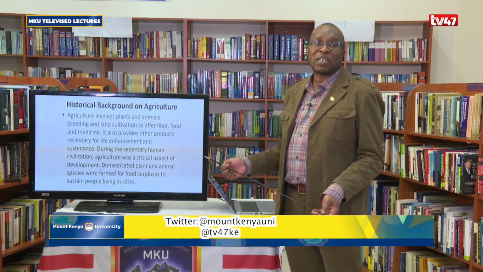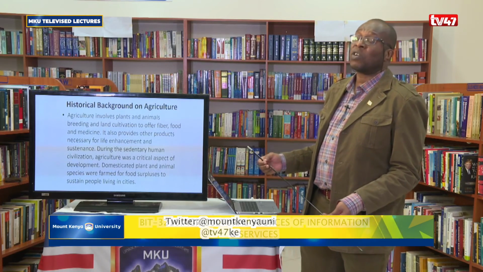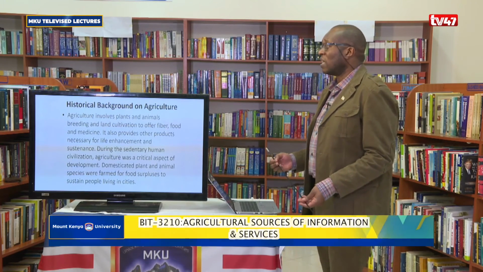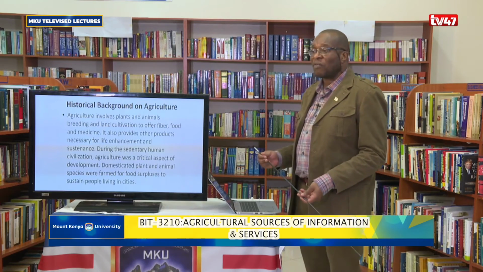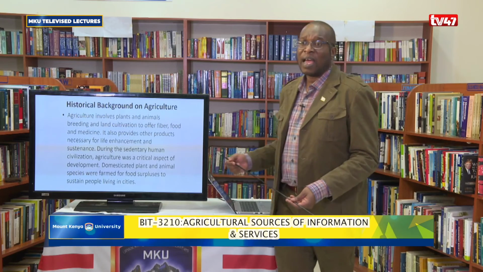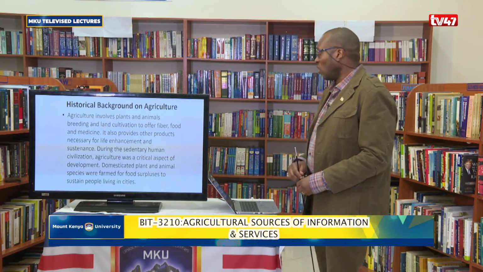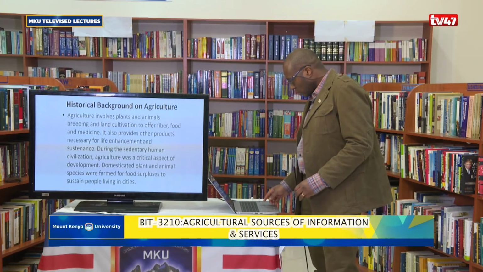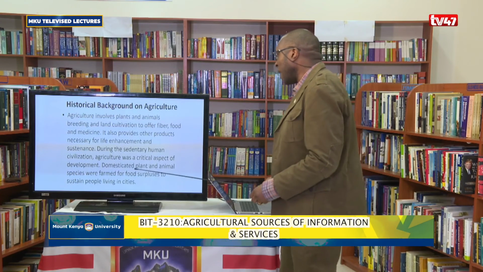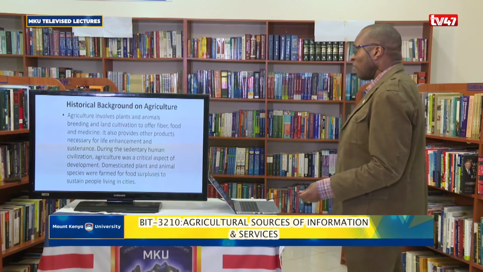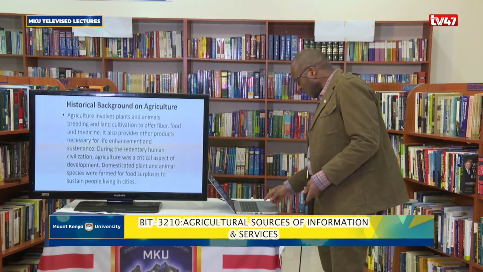And the food that had to be hunted was fierce, and it normally fought back. So to make things easy, they domesticated animals so that they could have access to the plants and animals within the vicinity for their nutrition. So domesticated plant and animal species were farmed for food surpluses to sustain people living in the cities.